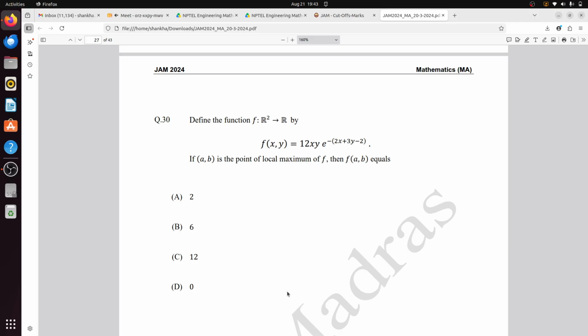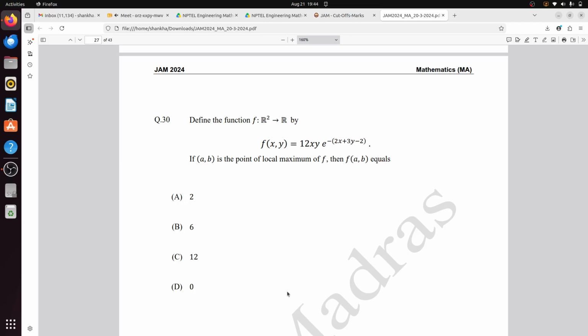Sorry, 12x minus 3 equal to 0, so x equals 1 by 4. And if you take del f del y, you will get 12x minus 2 equal to 0, so y will be 1 by 6.